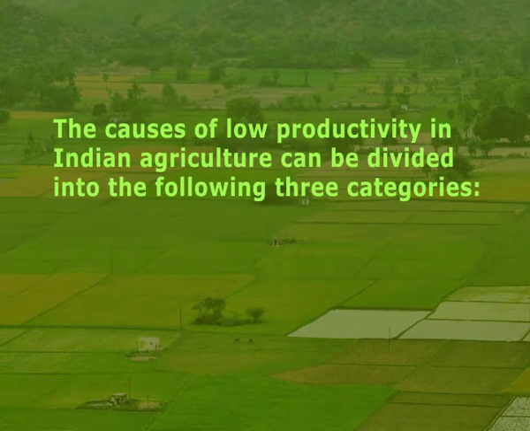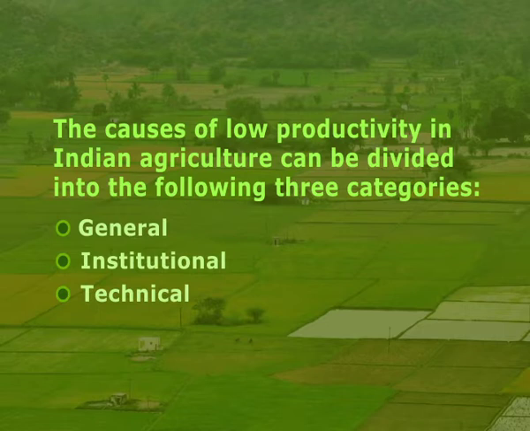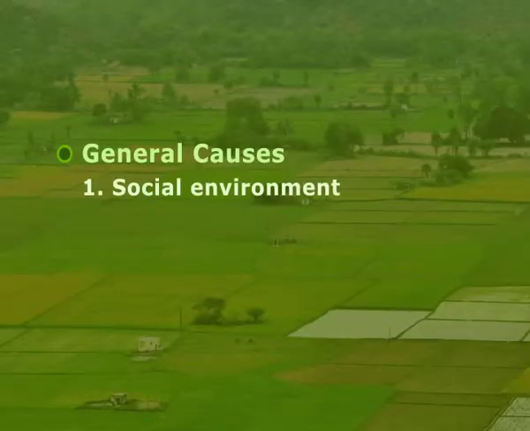Now friends, let us have a look at some causes of low productivity. The causes of low productivity in Indian agriculture can be divided into three categories. Number 1, general. Number 2, institutional. Number 3, technical. Now let us have a look at the general causes. Number 1 being the social environment. The social environment of villages is often stated to be an obstacle in agricultural development.